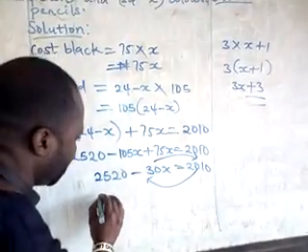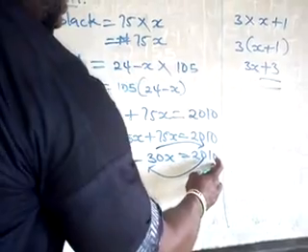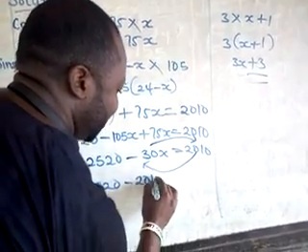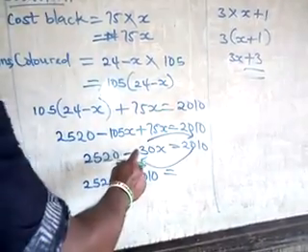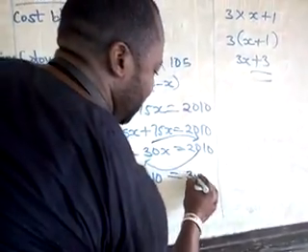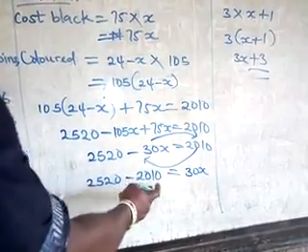So that will now give us 2520. By the time you bring plus 2010 in, it becomes minus 2010. By the time you bring this minus 30x out, what do you have? You have 30x. So what's the next thing? Subtract this from this.